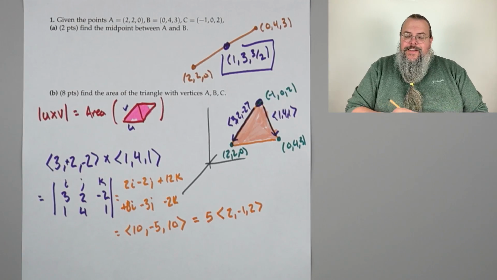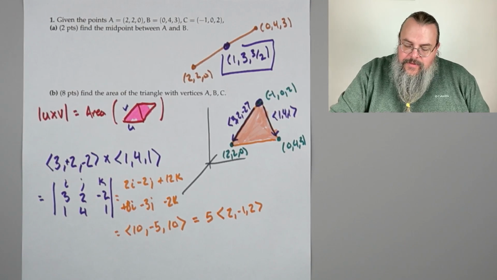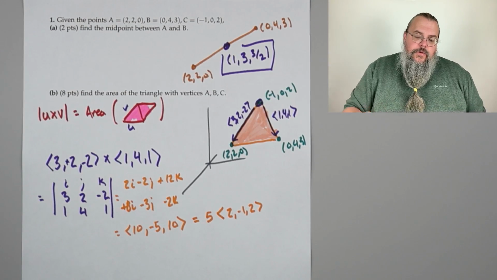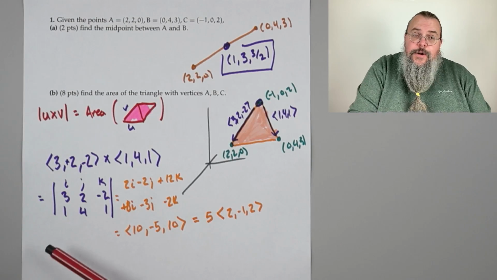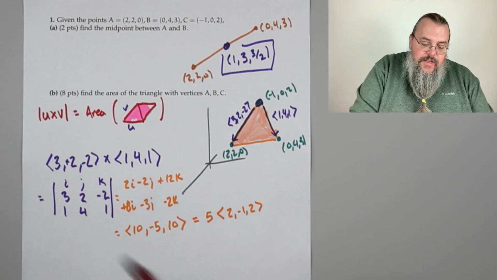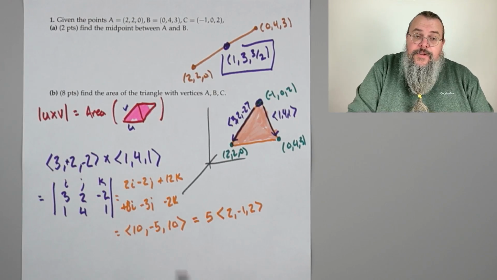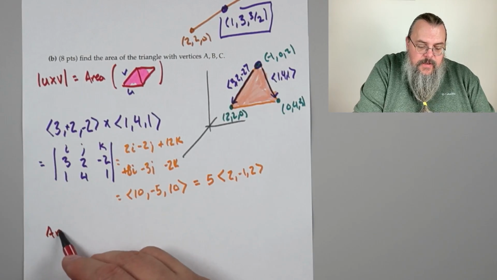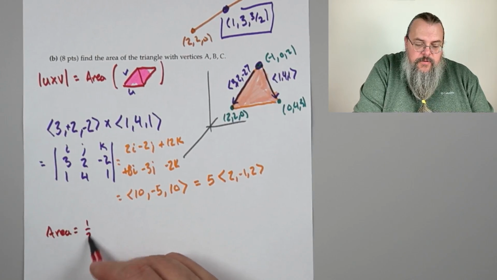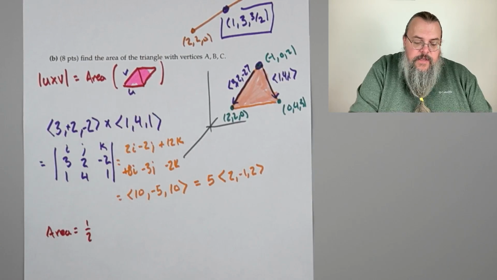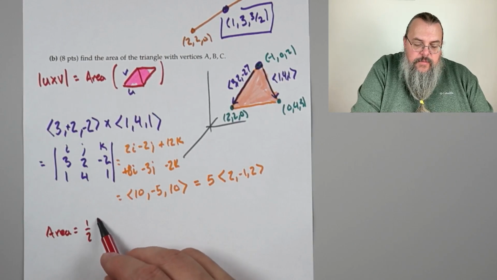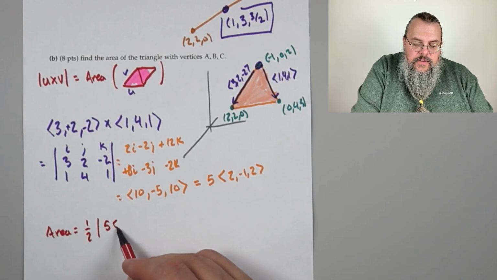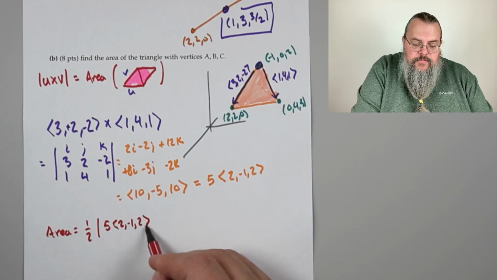All right, now, next, what do we do? Well, we have our cross product. We need to take our magnitude. All right, so our area will be 1/2 because we're only taking half of the parallelogram. Magnitude of 5 times 2, -1, 2.